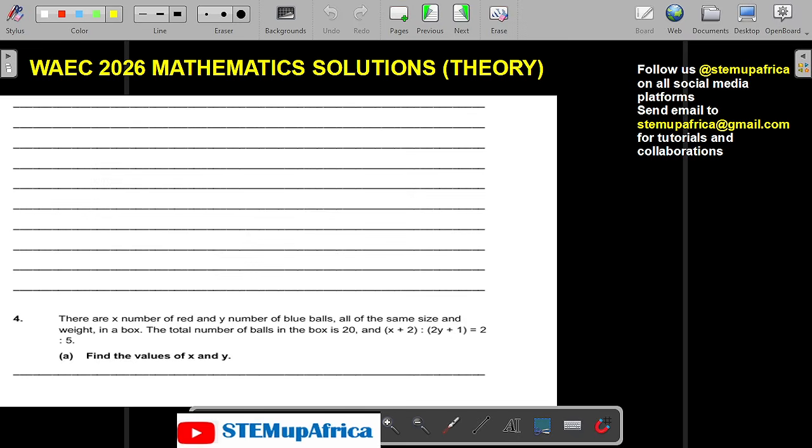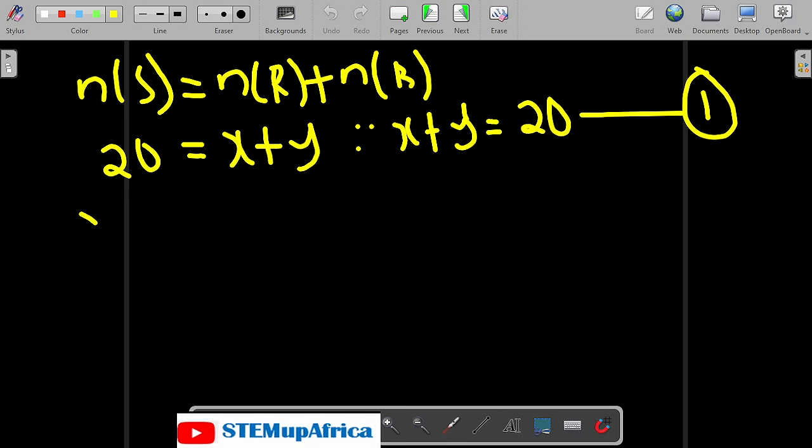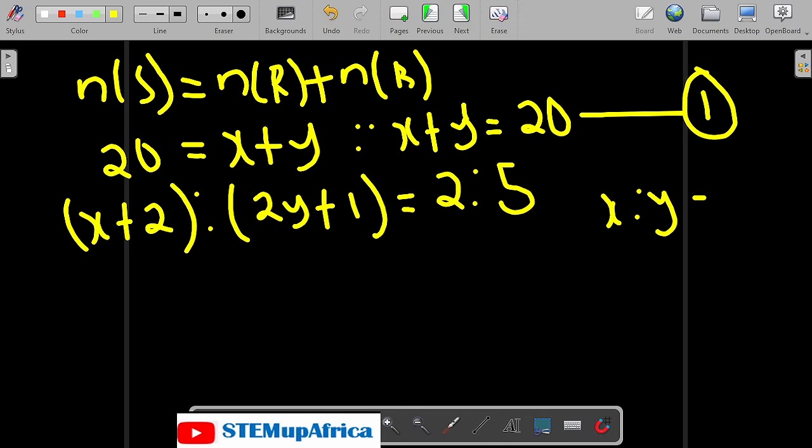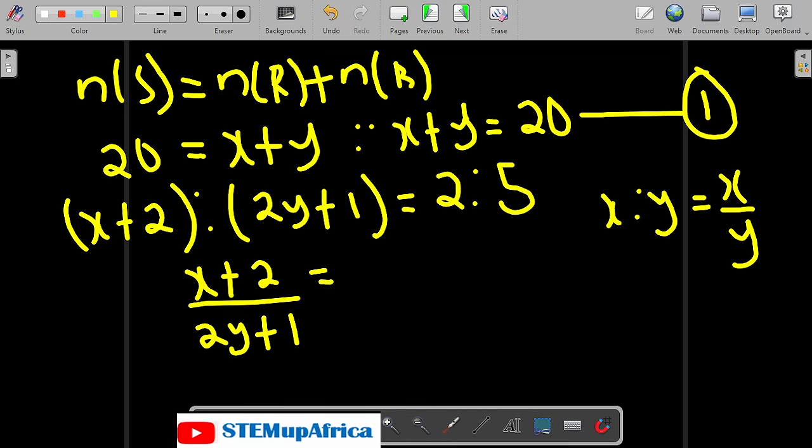Then we are told that X plus 2 ratio 2Y plus 1 is 2:5. We know X ratio Y simply means X over Y. So if we express it in that form, I'm having X plus 2 over 2Y plus 1 equals 2/5.